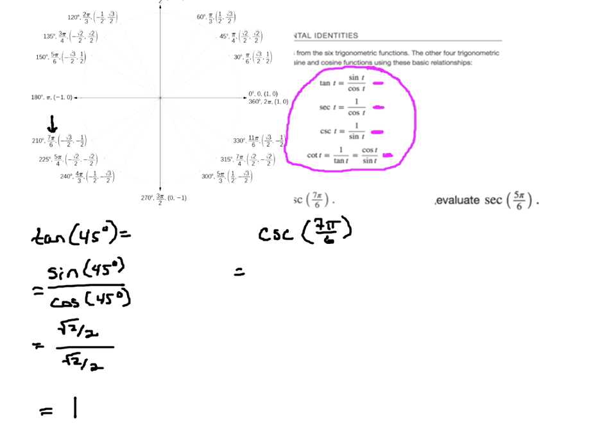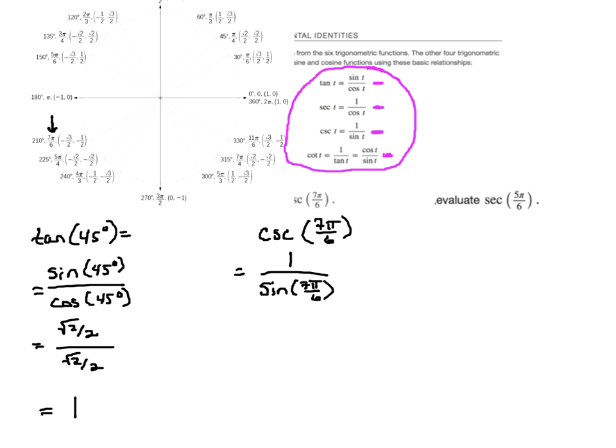And cosecant is the reciprocal of sine. So the cosecant of 7 pi over 6 is the same thing as 1 over the sine of 7 pi over 6.